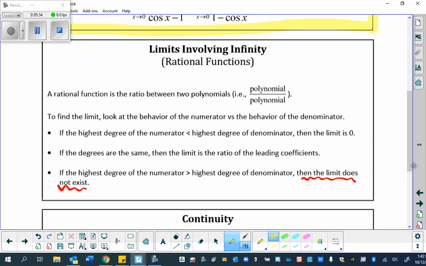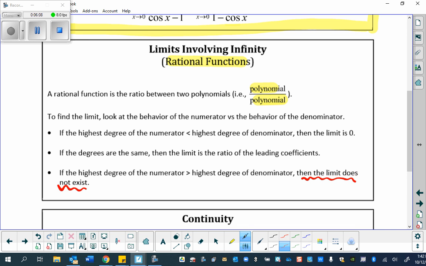When I have limits involving infinity, that's when I'm exploring that idea of a rational function, which is a polynomial over a polynomial. To find that limit, we look at the behavior of the numerator versus the behavior of the denominator. Because I'm involving infinity, it's difficult to plug infinity in, so we just have to look at the behavior of having a big number versus a very small number, and where in that value it is.